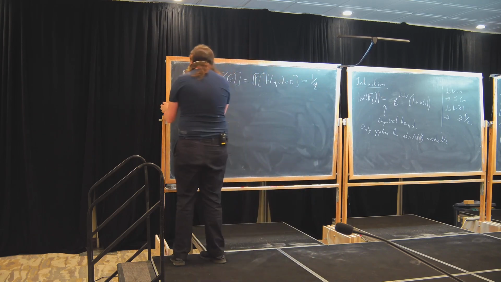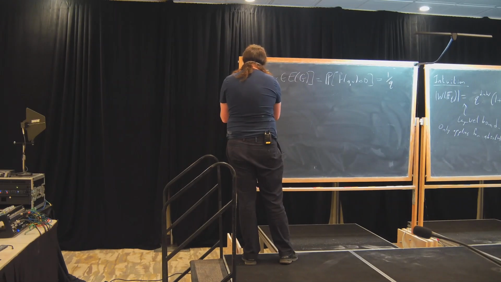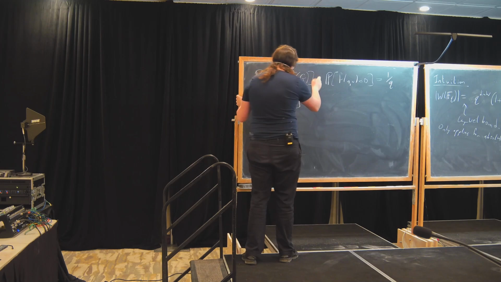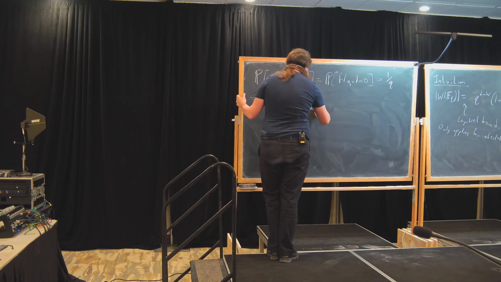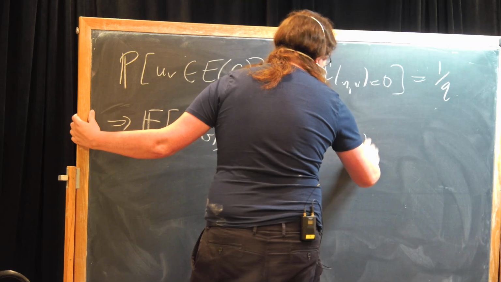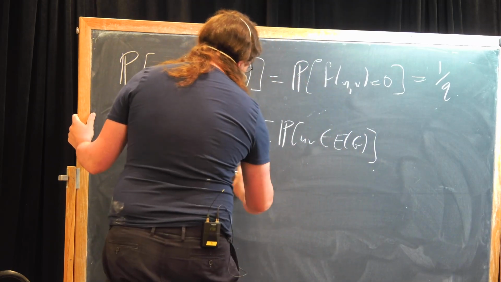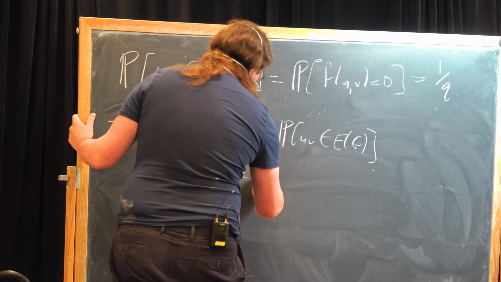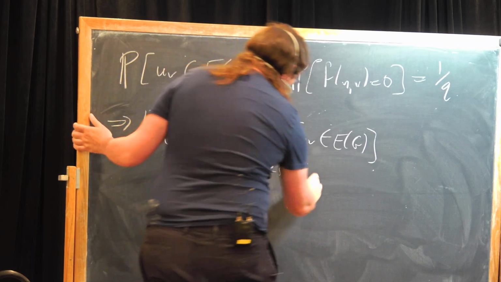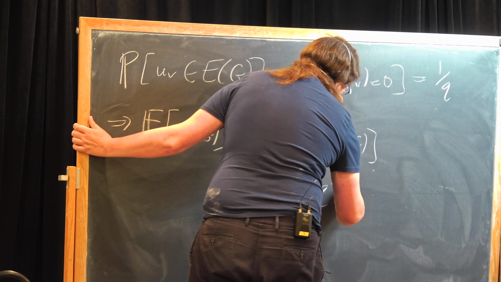Okay, so therefore, the expected number of edges in this thing is just the sum over uv of the probability that uv is in the edge set. And that's just, well, the total number of possibilities is q to the 2s. Probability is 1 over q, so this is q to the 2s minus 1.